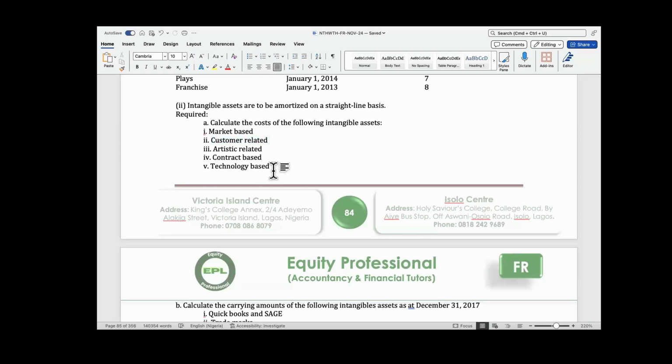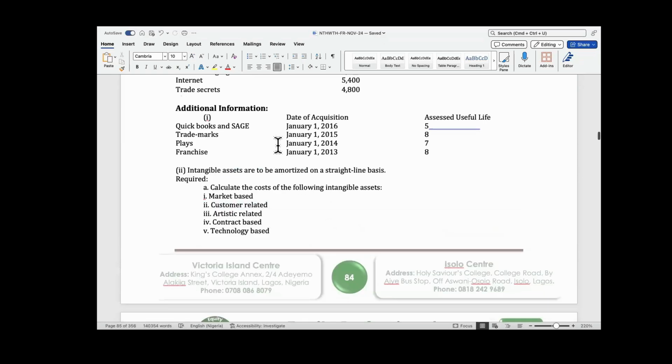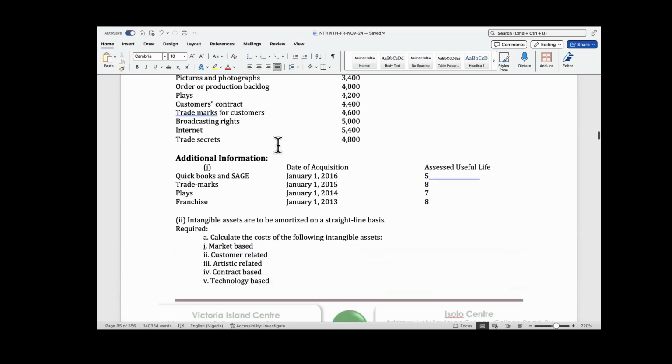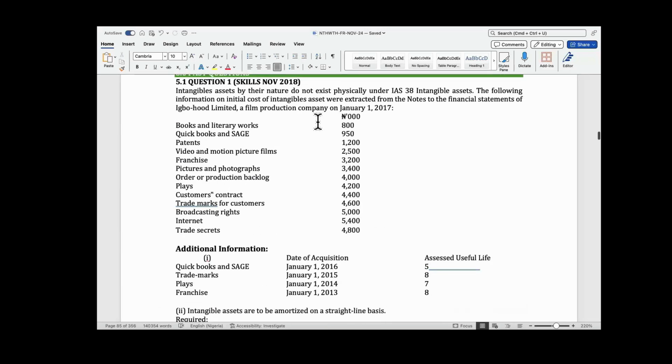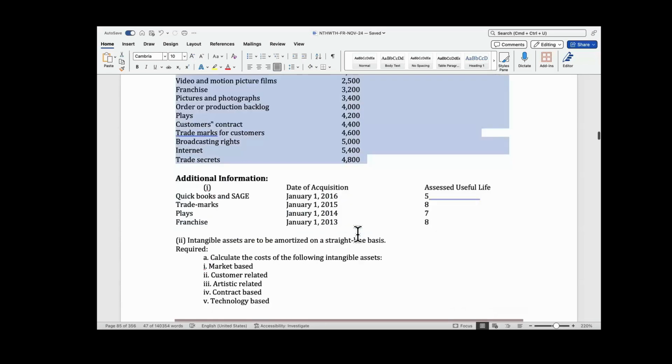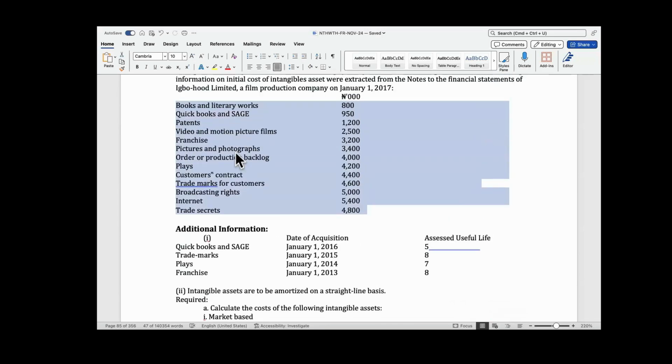So let's see if we can categorize it, but this will be a very subjective answer, because when I was asked this, we actually complained because there's no way people will get the same answer. But let's see if we can get the same answer. So they gave us a list of these items. I think this entity is a film production company, right? So let's see. Let's try and categorize them.